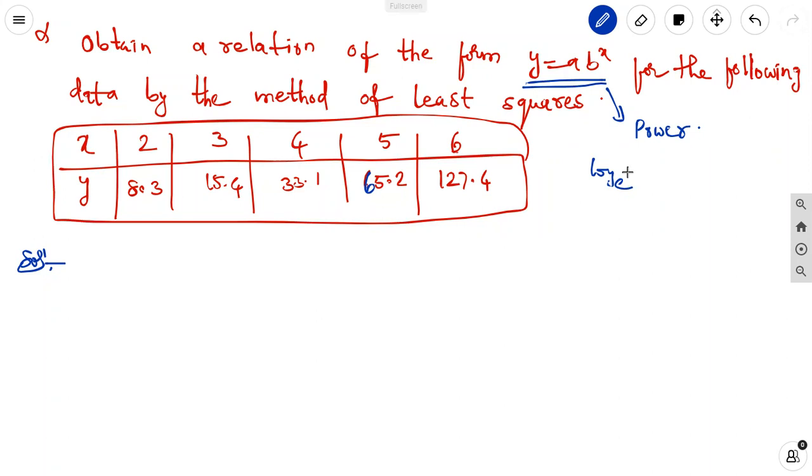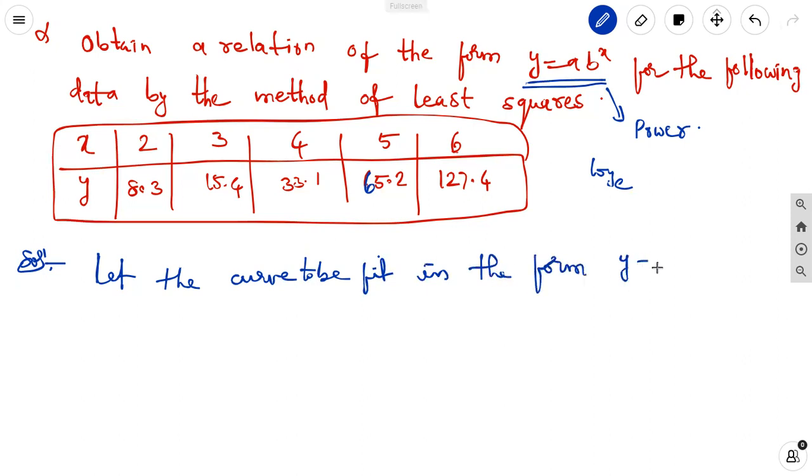First, the curve to be fitted is, let the curve to be fit be in the form y equal to a b power x. Let it be equation 1.